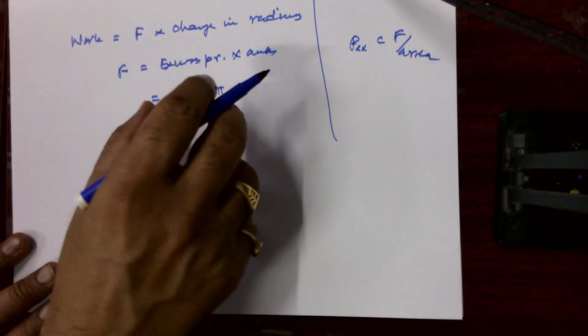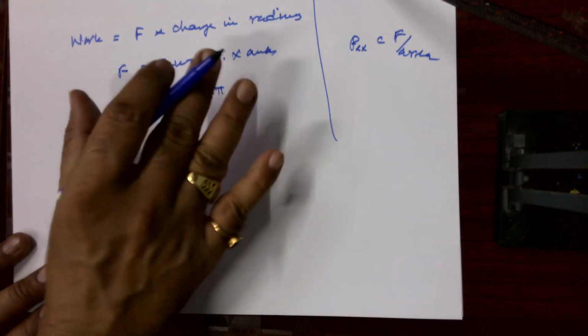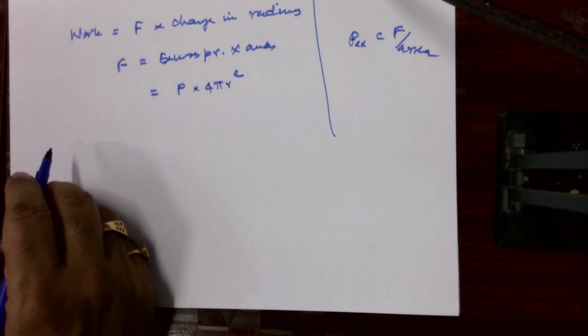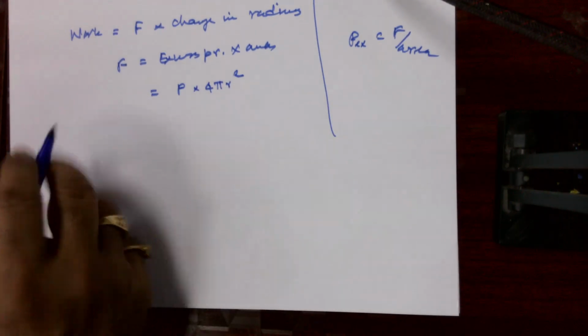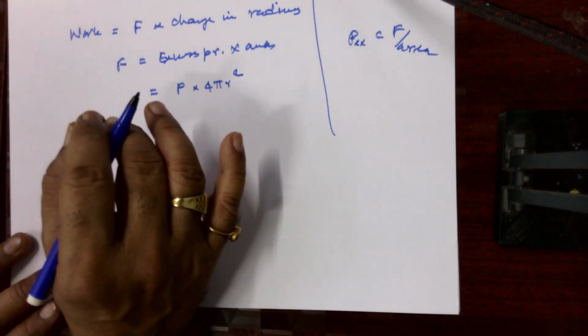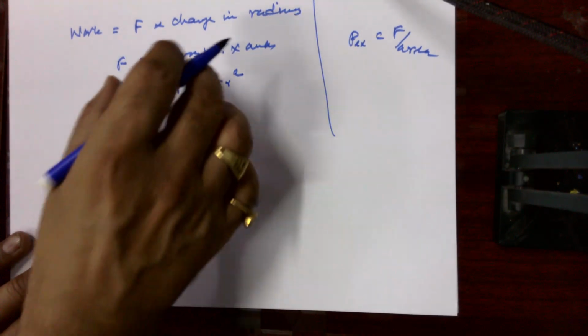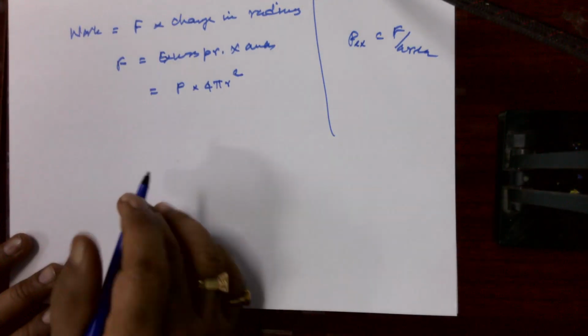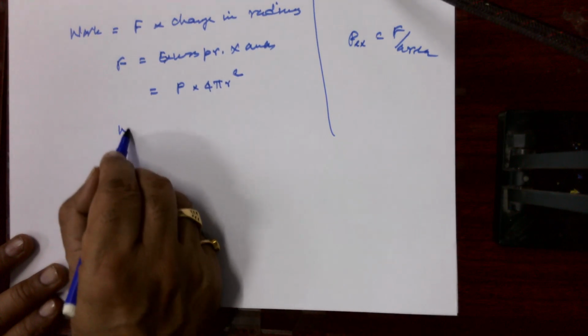Here we are talking only generally, simply speaking, about 4 pi r square, the original surface area of the drop. Now, what is the work done here?